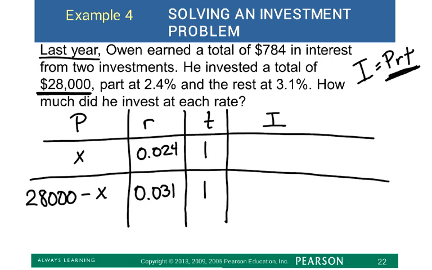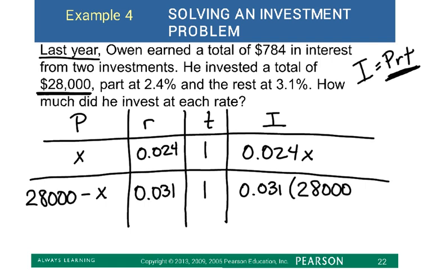I is equal to PRT, so multiply X times 0.024 times 1, and we get 0.024 times X. And then the next one, when we multiply straight across all the columns together, you get 0.031 times our 28,000 minus X. Now the problem did mention one more thing.